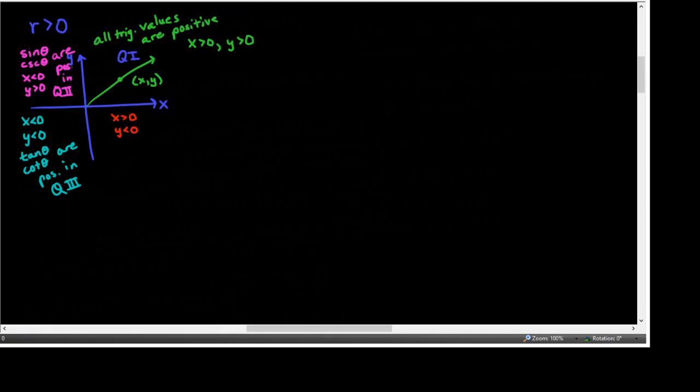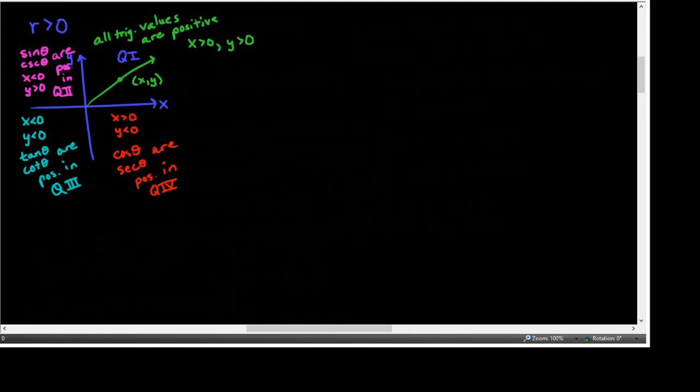The only positive answers come with x and r being used. So x over r and r over x. That is cosine of theta and secant of theta, its reciprocal, are the only positive valued functions in quadrant 4. Meaning everything else is a negative answer.